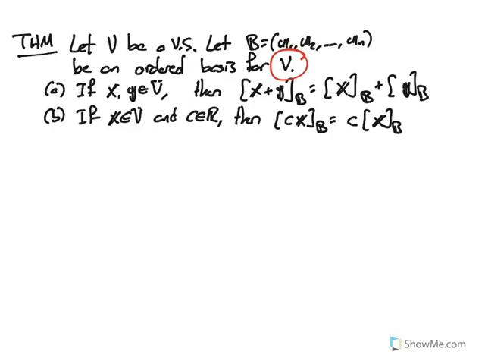So if you have vectors x and y in V, then the expansion coefficients of x plus y are the expansion coefficients of x plus the expansion coefficients of y. Likewise for linear scaling. So the expansion coefficients of Cx is C times the expansion coefficients of x.